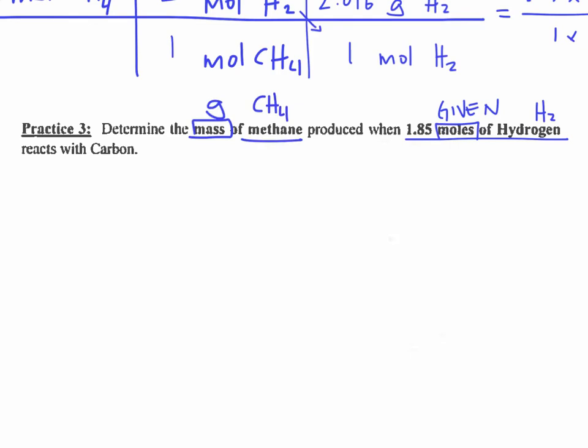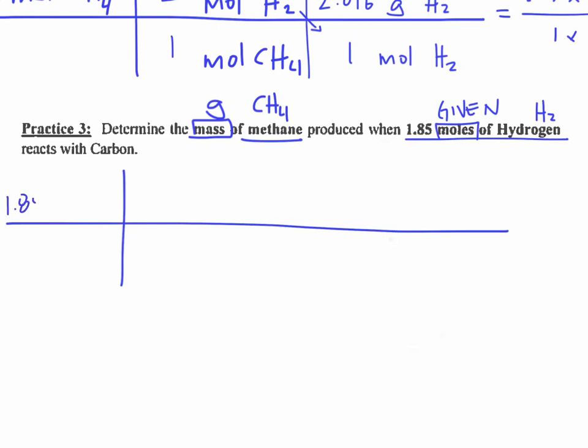Different units, different substances. So just like we've practiced, set up your T-chart. I'm going to write in what's given to me, which is 1.85 moles of hydrogen gas, and I bring down my units, moles of H2. Now this is my opportunity to go from H2 to a different substance by using my mole ratio.